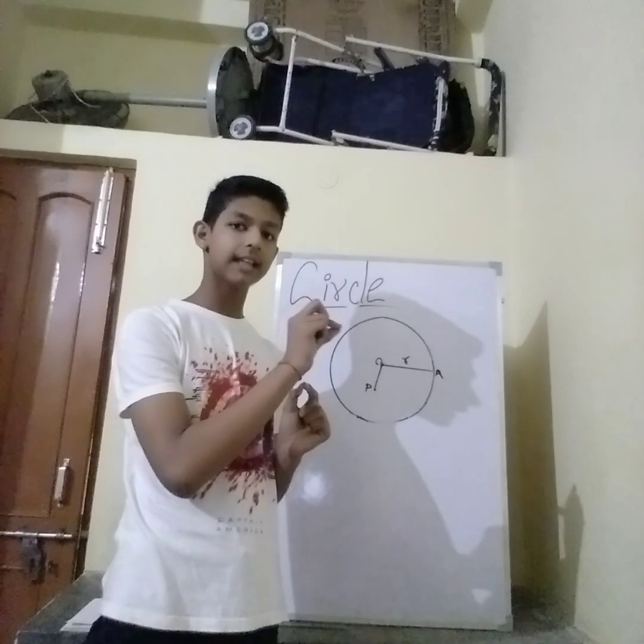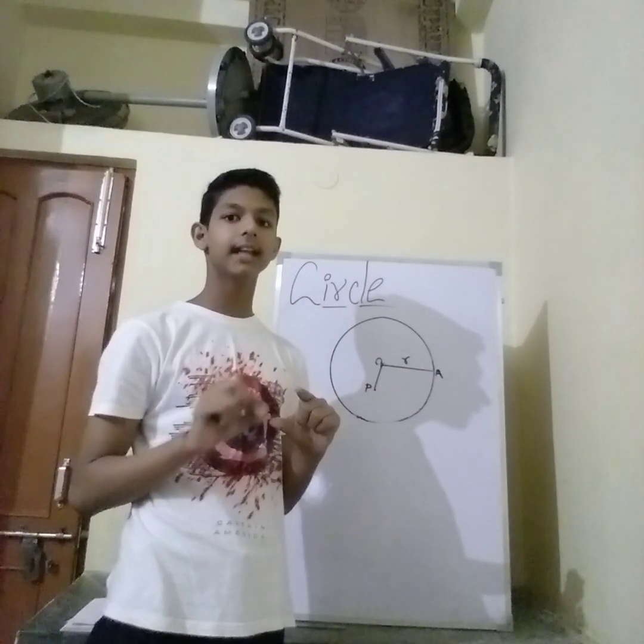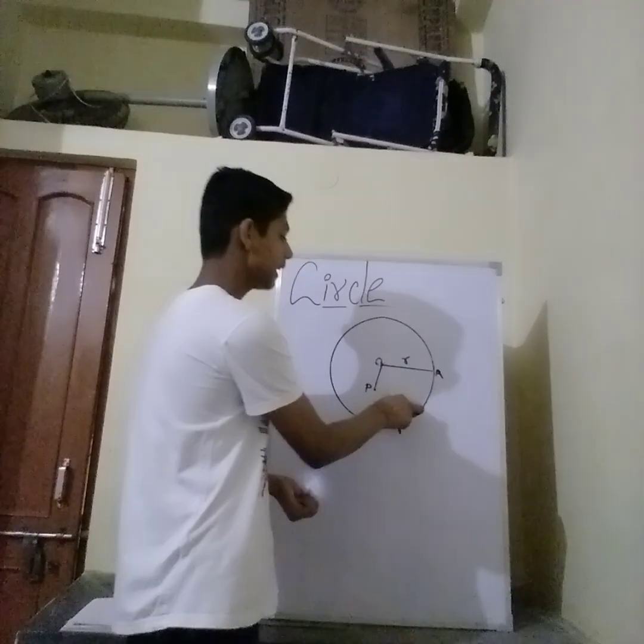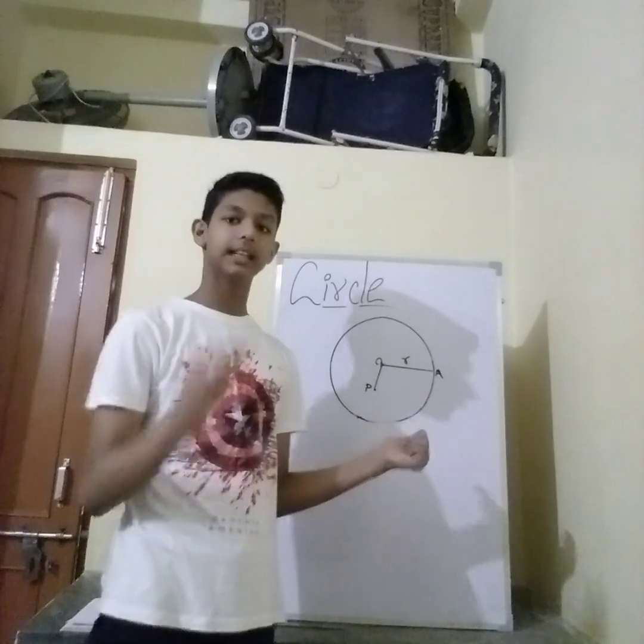When line segment OP is less than the radius of the circle, then we conclude that the point P is inside the circle.